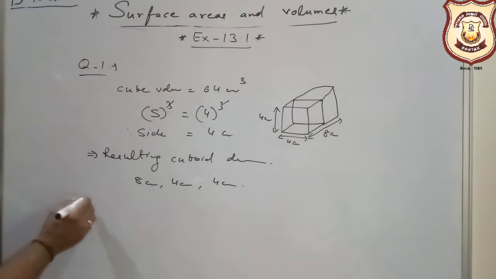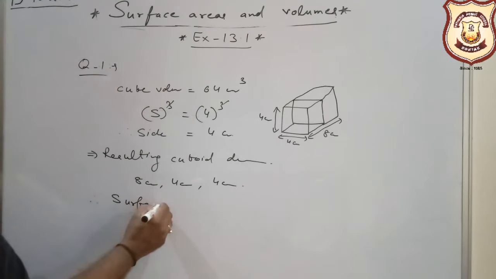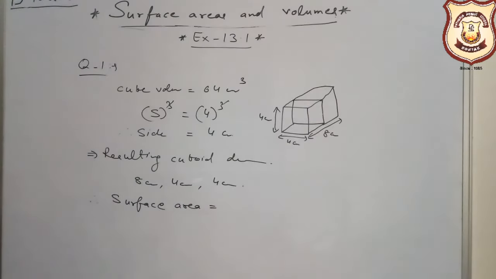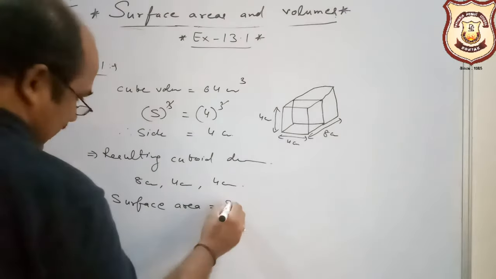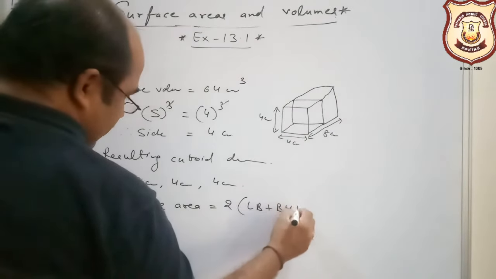Therefore, if they ask only for surface area, you think only about TSA, total surface area, that is 2 into (LB plus BH plus HL).